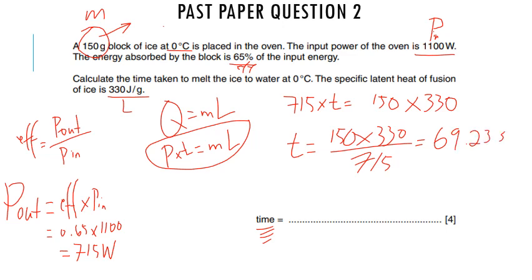If you write this to two significant figures, because we have two significant figures everywhere, that would be just 69 seconds. So that is how you deal with specific latent heat. Again, the reason why I use this equation is because they said to melt the ice. I'm not changing the temperature, I'm changing the state. So please pay attention to that.